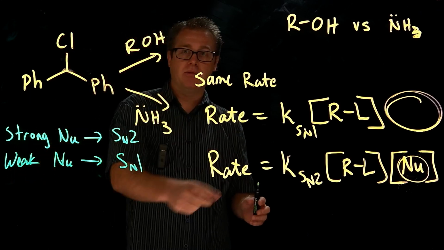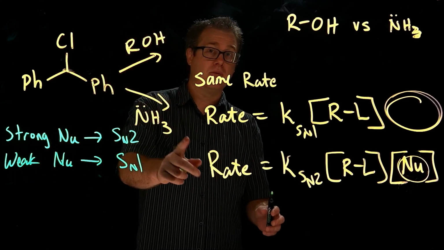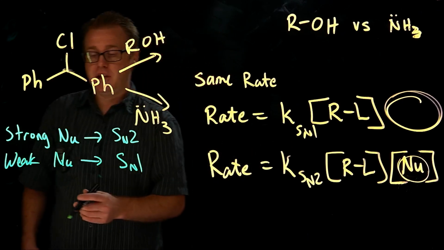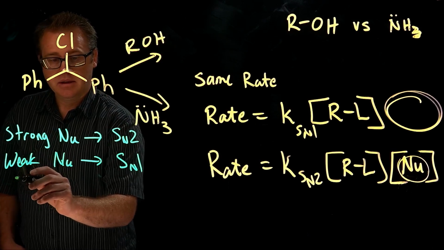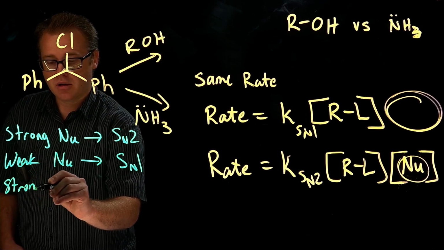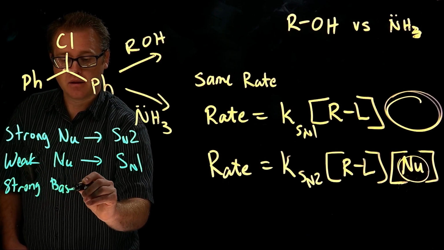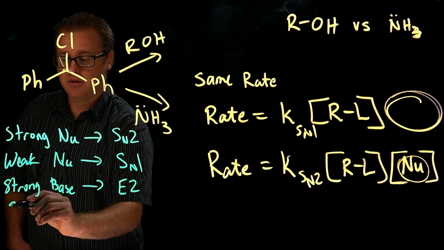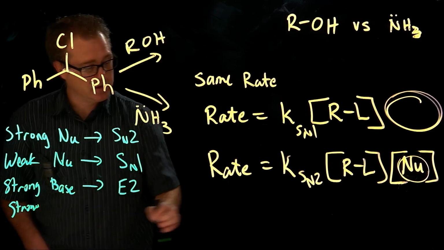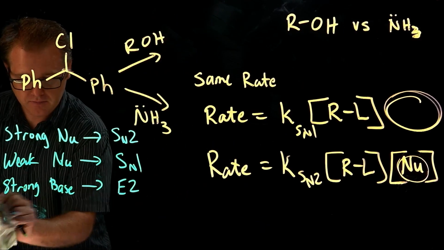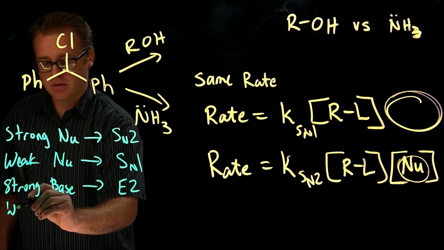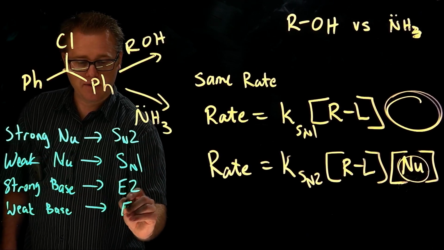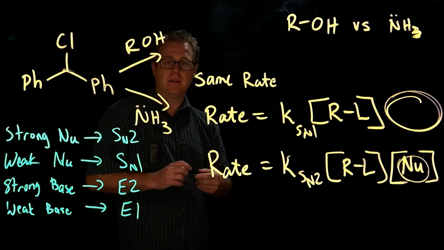Now, the same principles that I've taught you here for SN1 and SN2 also apply for E2 and E1. So if you have a strong base, that's going to favor E2. And if you have a weak base, that's going to favor E1.